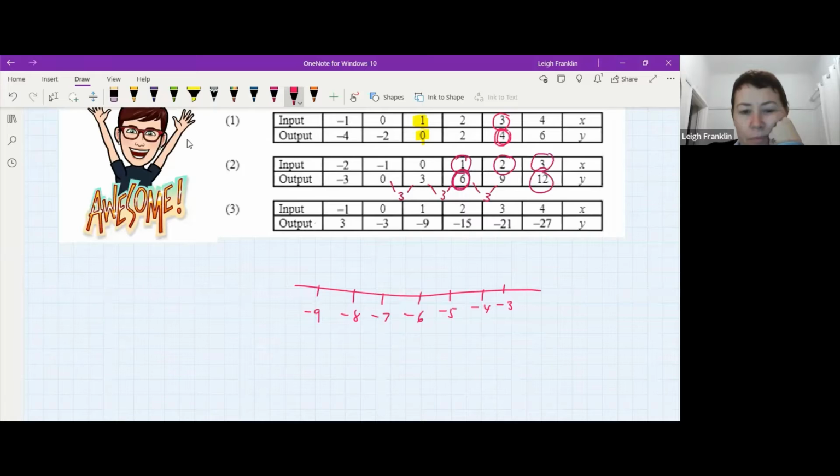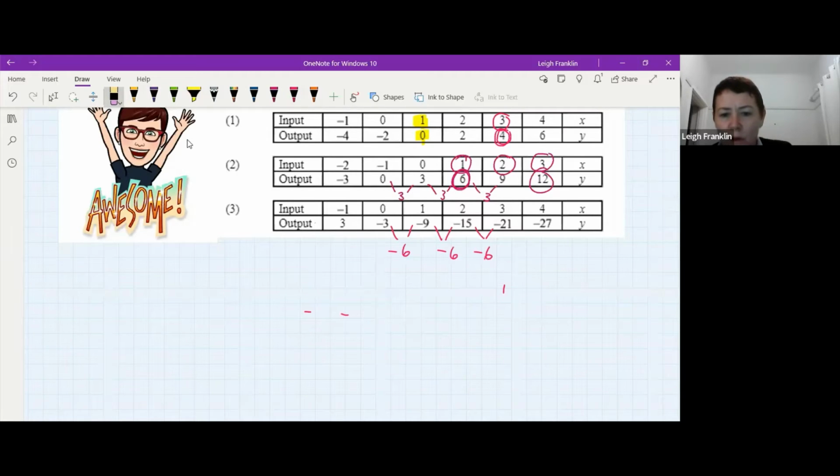Is it -6? That's it. Okay, now you are smoking hot. Okay, and if we're sitting at -9 on the number line and we take away another 6, we're going to get to -15. All right, and if we're sitting at -15 and we take away another 6, we're going to get to -21. Excellent.